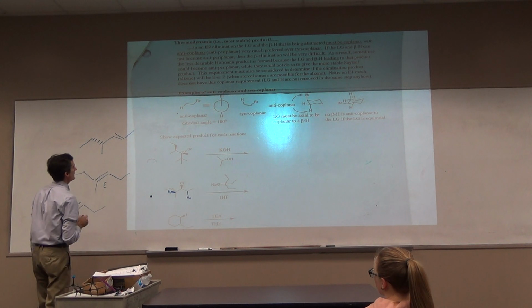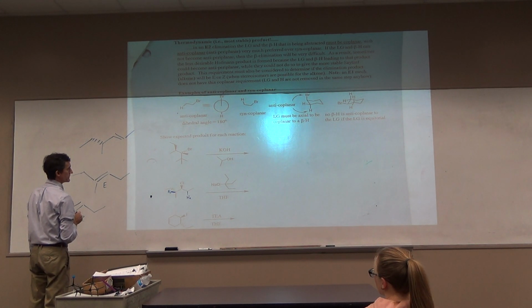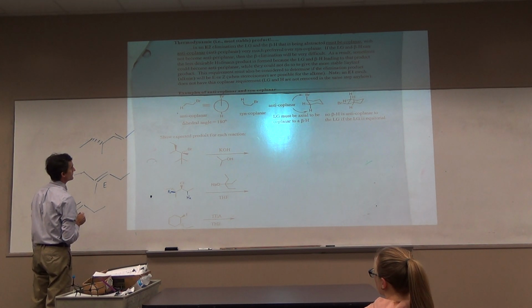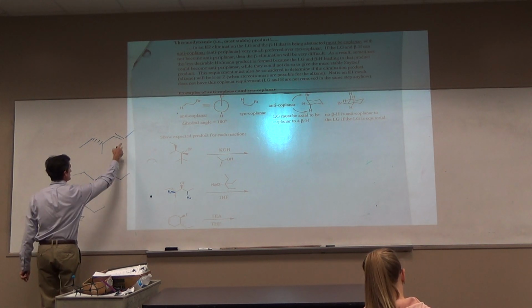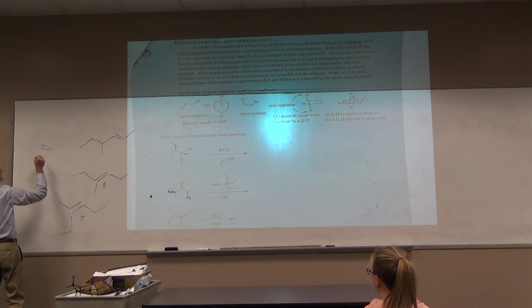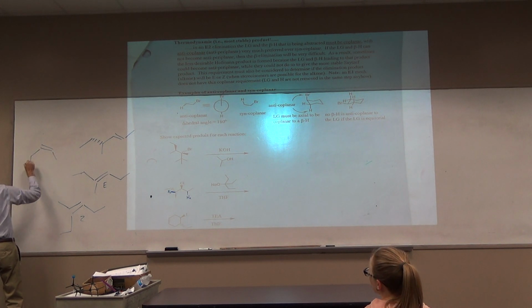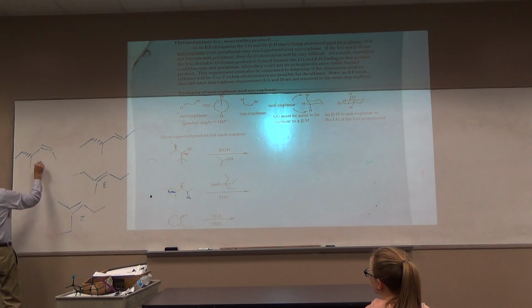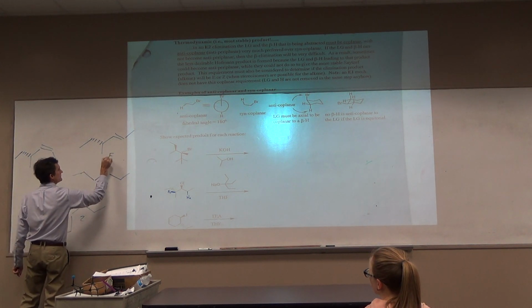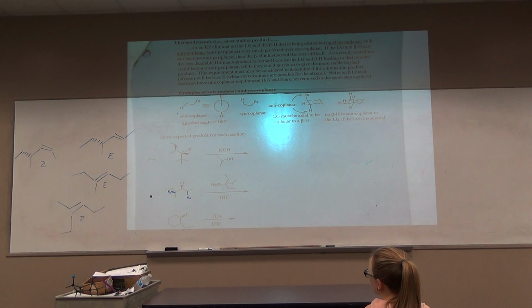But then this compound can also be like that, Z, E. There's actually 4 possible alkenes that we could show.